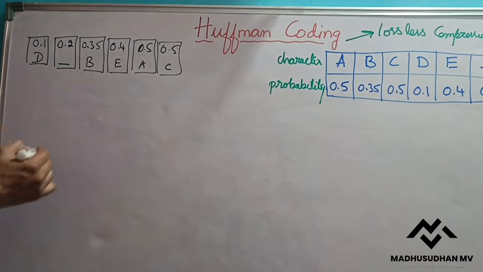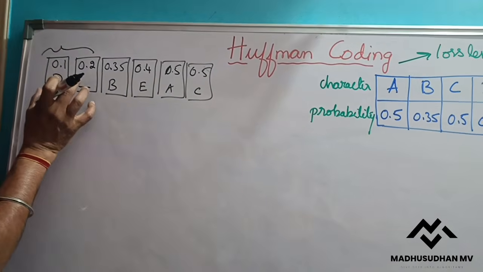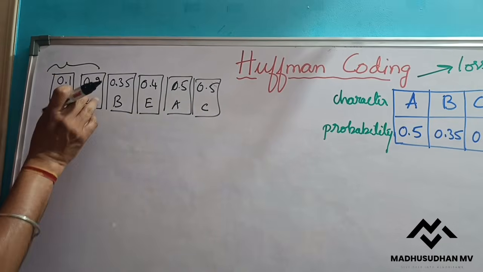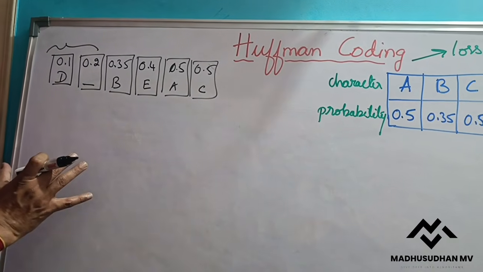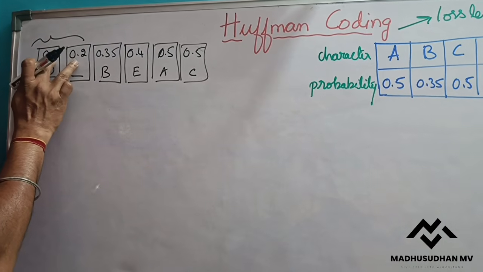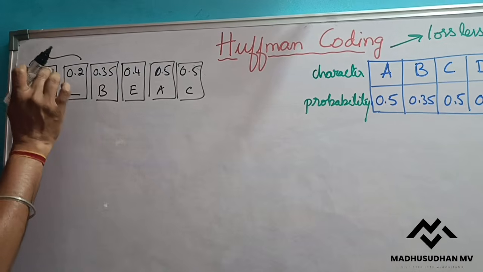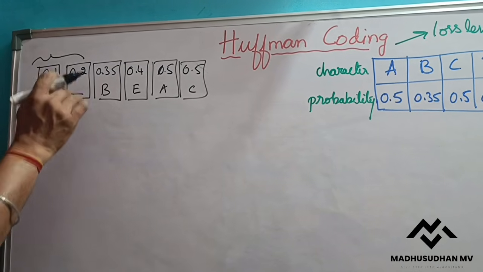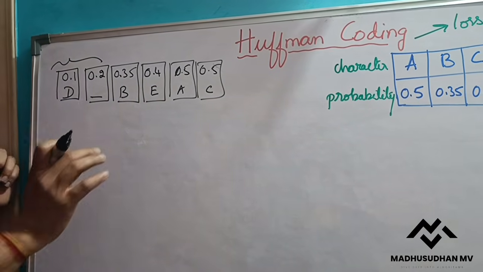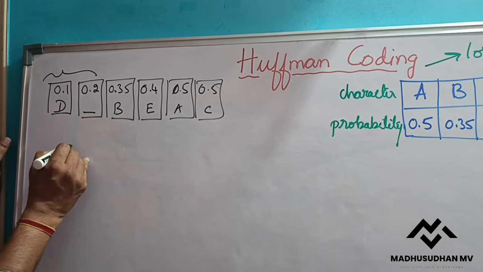Now what we need to do: first, add the two smallest. 0.1 plus 0.2 gives 0.3. Then again put it in sorted order; don't keep it as it is. In this case, 0.3 is itself the smaller value, so I keep 0.3 here. How did I get this 0.3?